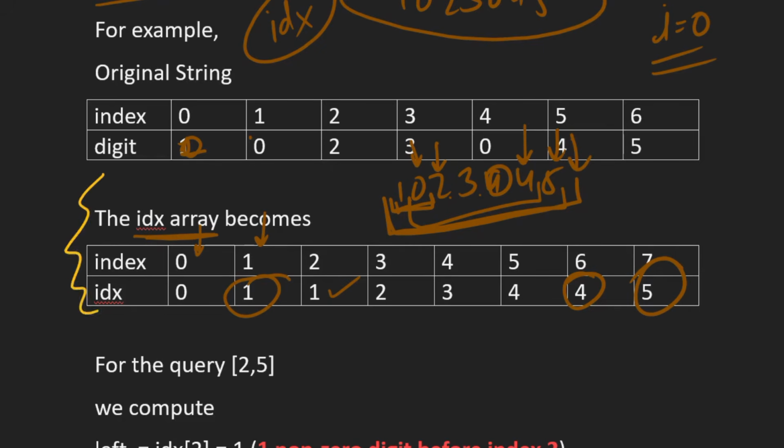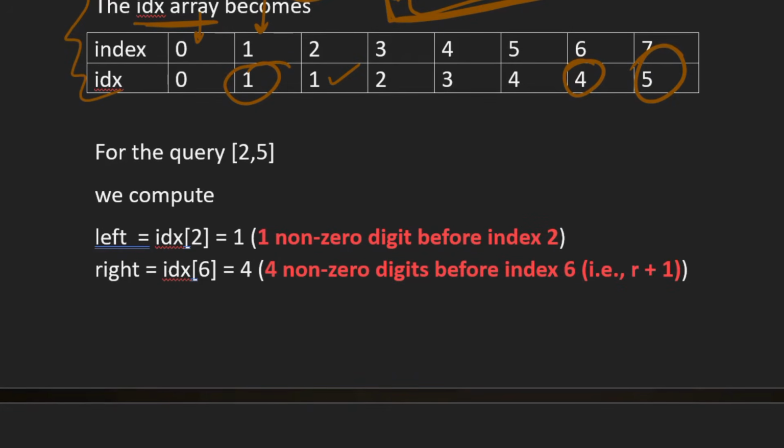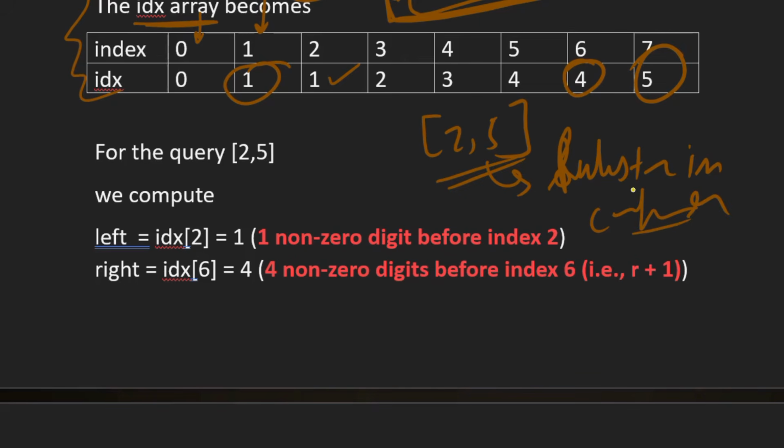So the first thing we have done is build the index array. Now for the query 2 to 5, what we need to do is find the substring in the compressed sequence.